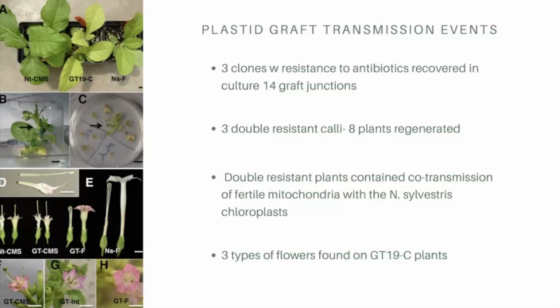These were labeled as GT7, GT17, and GT19. The regenerated plants were confirmed by a DNA gel blot analysis of all 3 lines as shown in figure 1, as well as the sequencing of the genome of the GT19C line.